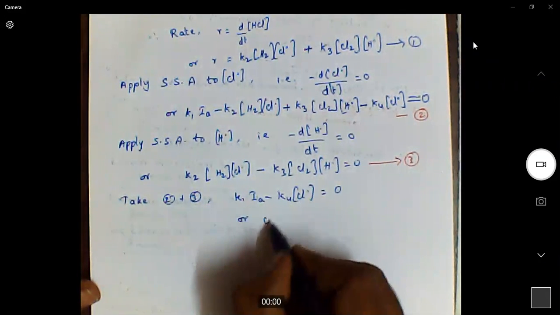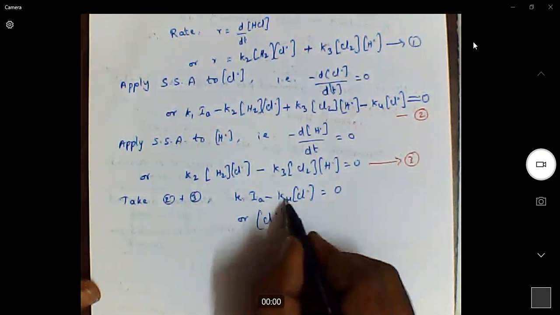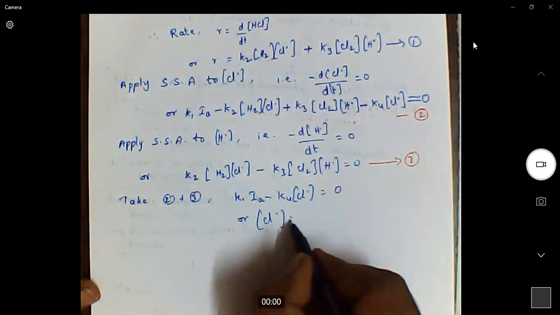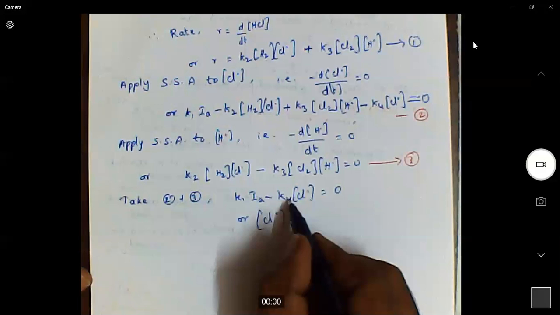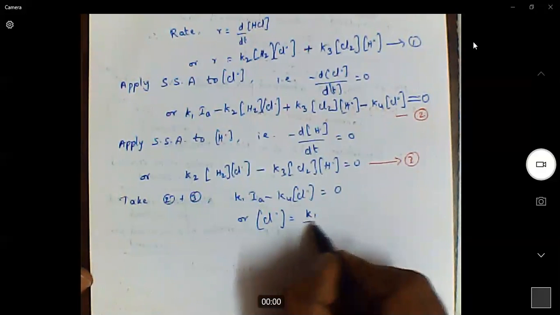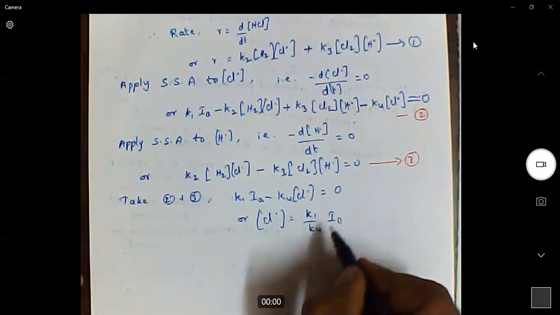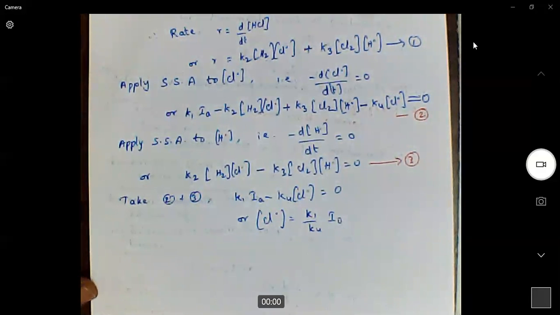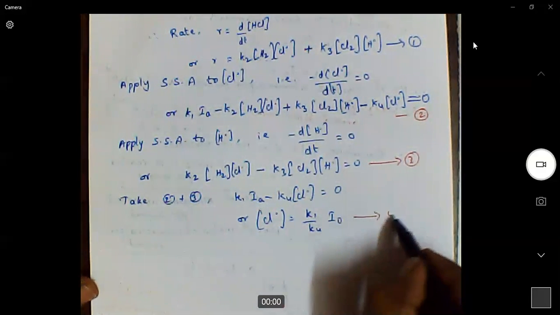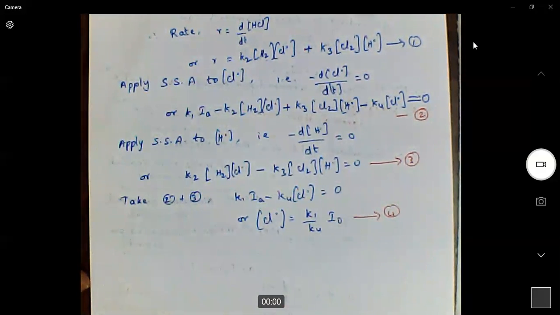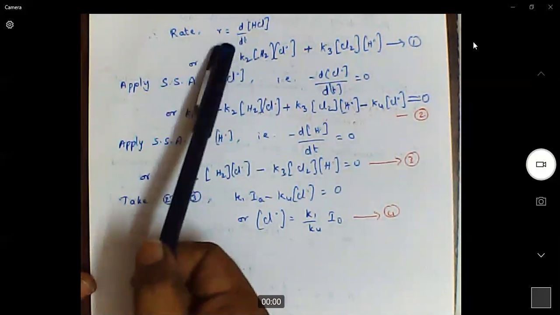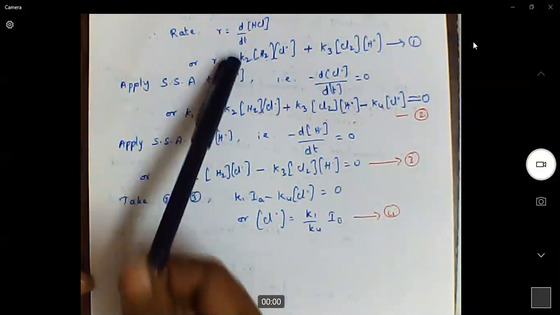From this we can derive Cl radical: K4 is a multiplier, so it moves to the other side, giving K1 by K4 into Ia. So this is the concentration for Cl radical.